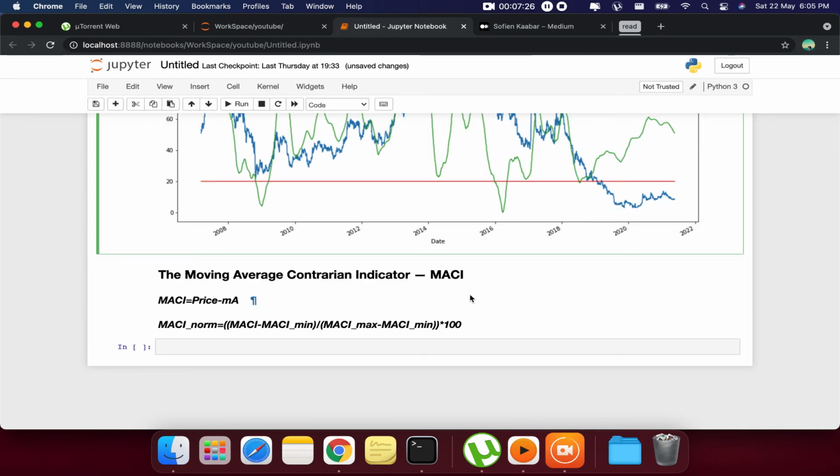Now, what is the moving average contrarian indicator? It is very similar to the moving average with indicator. The difference is, for the moving average with indicator, we use fast moving average minus slow moving average. Here we are using the actual close price minus the moving average.